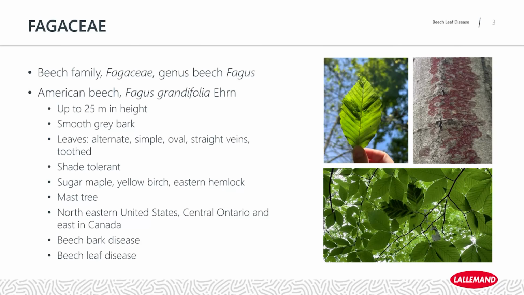And unfortunately, this tree is already a target for beech bark disease, which is at various stages throughout the province of Ontario. And now, of course, it's further impacted by beech leaf disease. So not only is beech itself under attack, so to speak, it's compounded by both of these diseases.